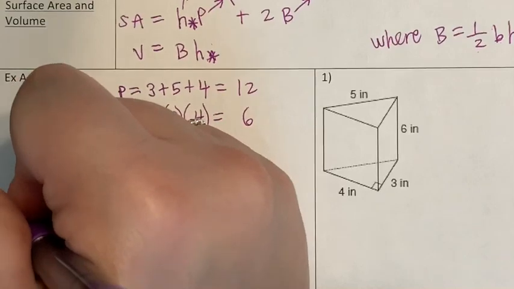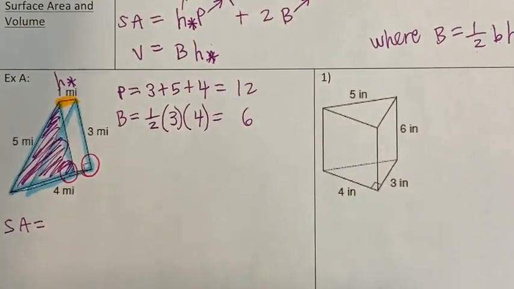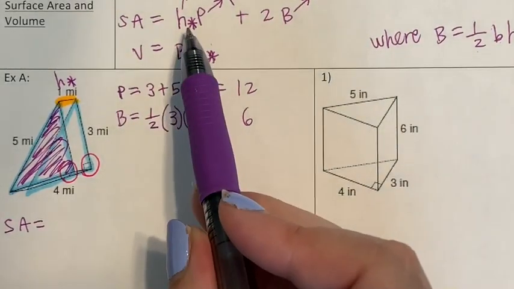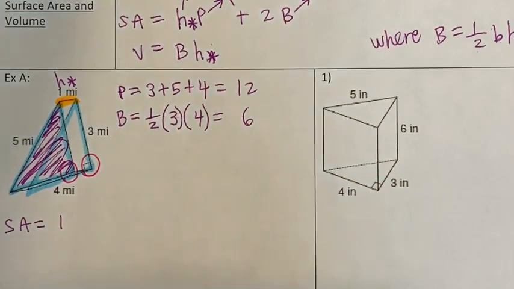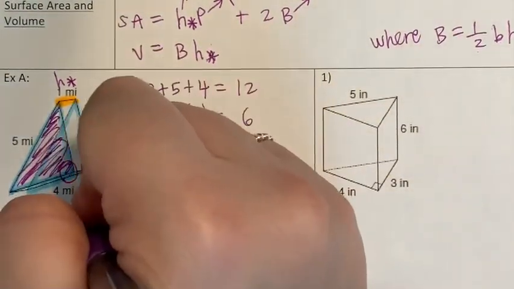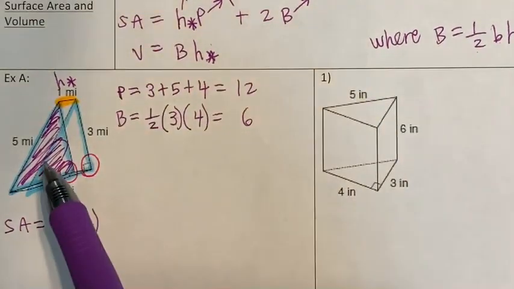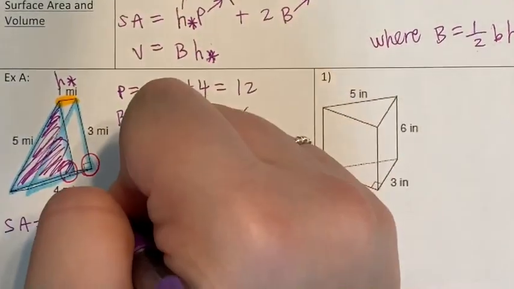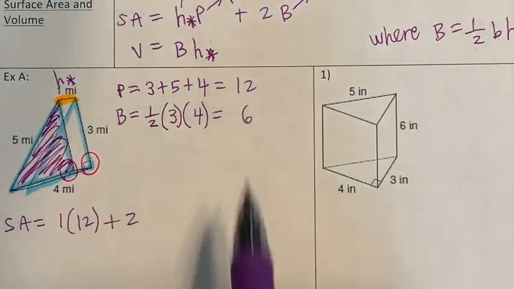I'll start with surface area. Surface area equals my H star, my true height, which I labeled as 1. That's how much it's being stacked. So 1 times my perimeter, which we said is 12. That's wrapping around the figure when I do the height of the prism times the perimeter. But then I have a left and a right side, so I have to do plus 2 big B, plus 2 base, and my base we said is 6.